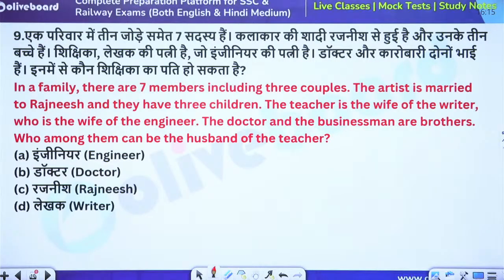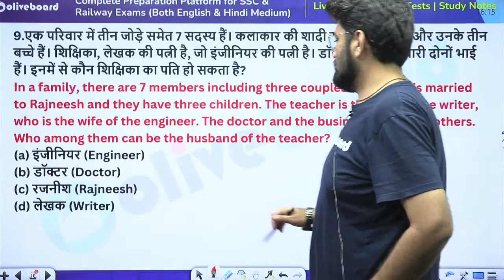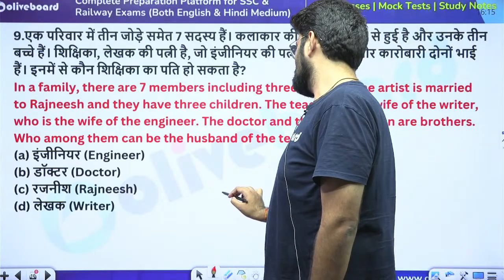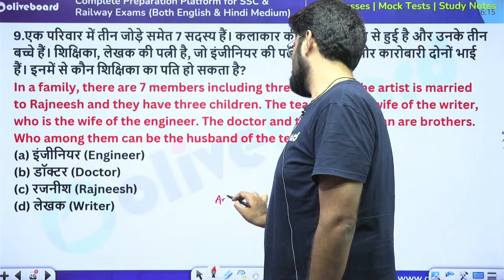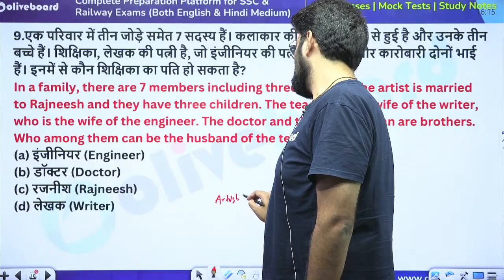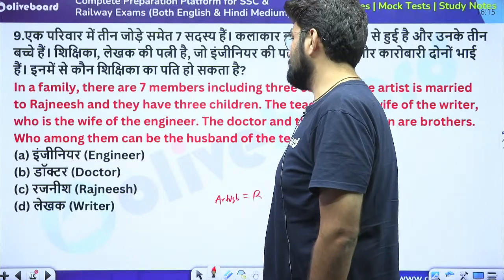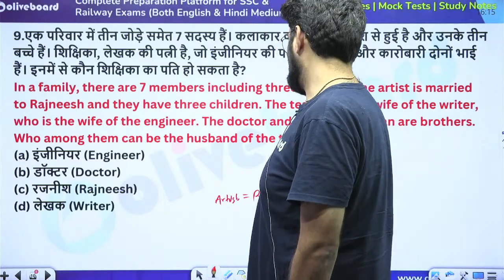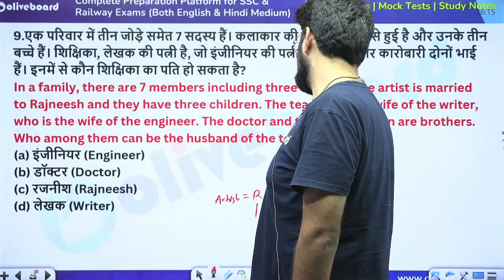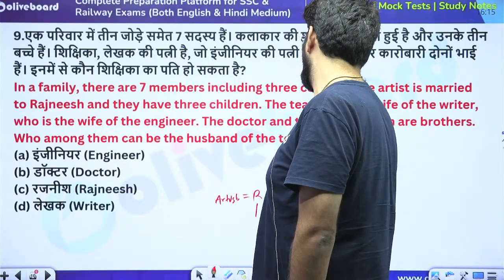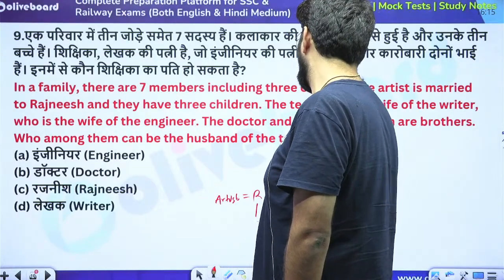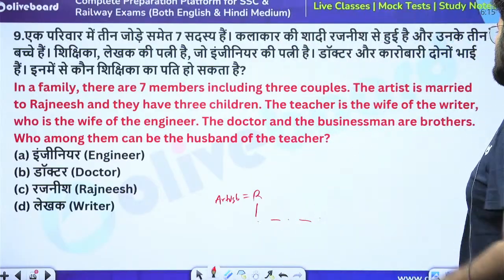In a family, there are 7 members including 3 couples. The artist is married to Rajneesh. So, there is an artist married to Rajneesh. And they have 3 children. Child 1, child 2, child 3. The teacher is the wife of the writer.